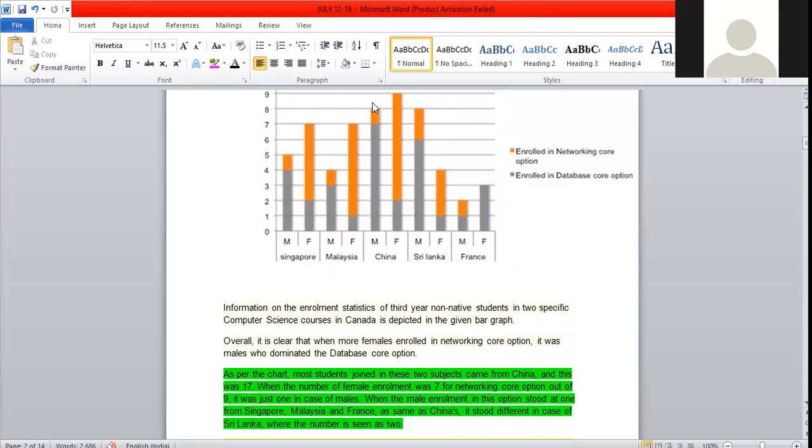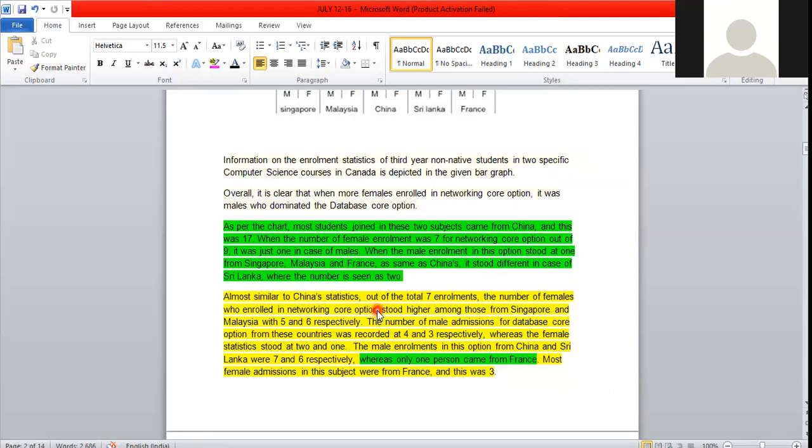Now I have to move further. Almost similar to China's statistics. Out of the 7 enrollments, the number of females who enrolled in networking core options stood higher among those from Singapore and Malaysia with 5 and 6 respectively.